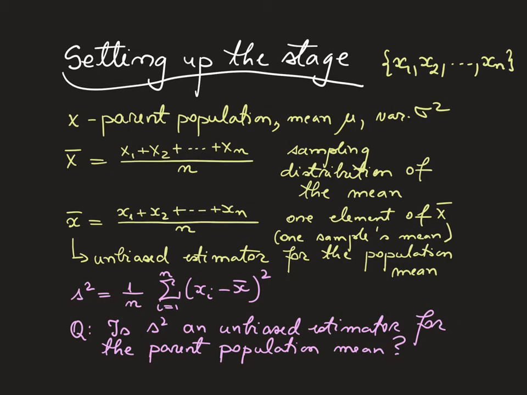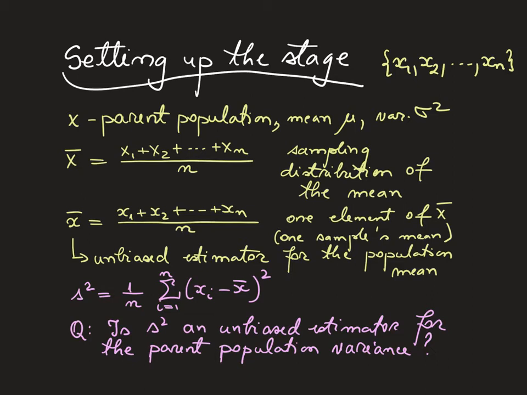We ask ourselves today, what if I calculate the variance of the sample? Will the variance of the sample be a good or unbiased estimator for the parent population variance? Variance, not mean.